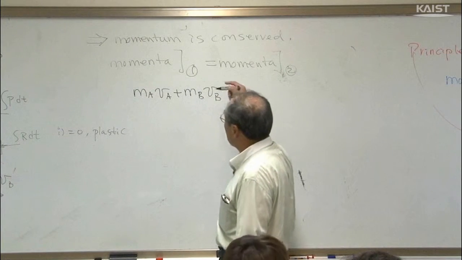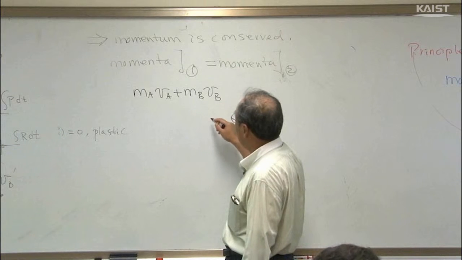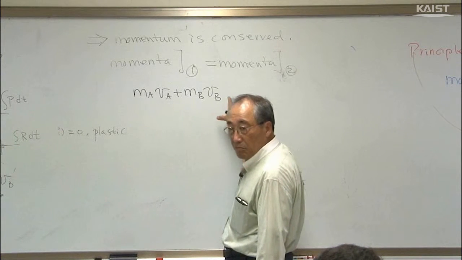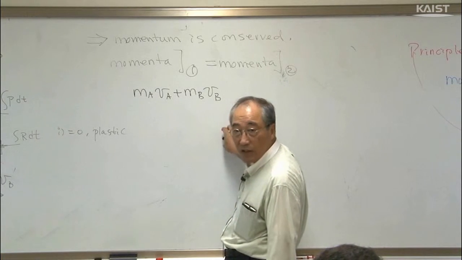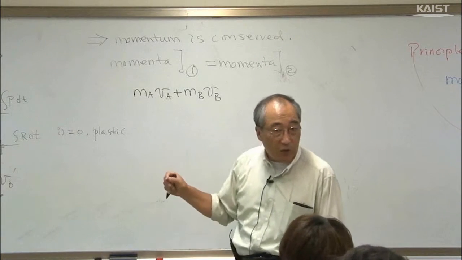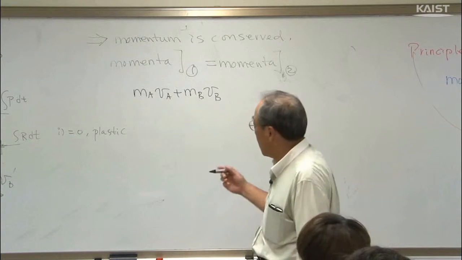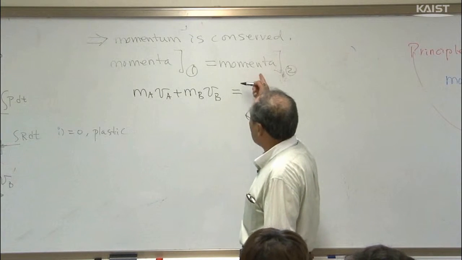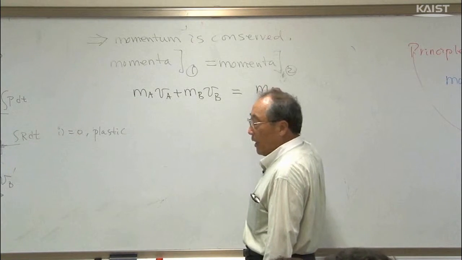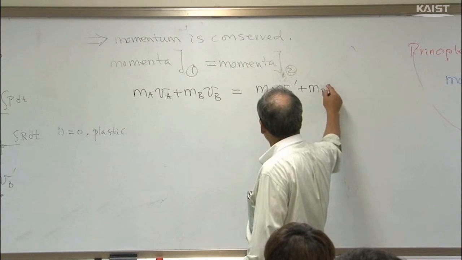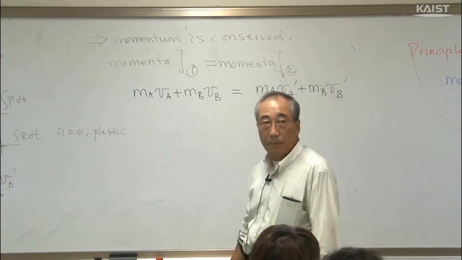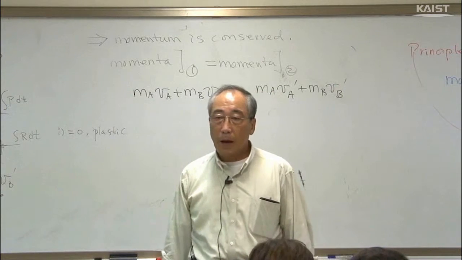Of course, the principle of impulse and momentum has to express all the forces acting on that, but those are equal and opposite, therefore that is 0. And the momenta at state 2 is ma va prime plus mb vb prime. All right?